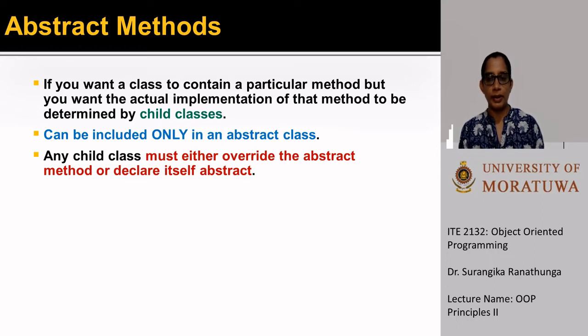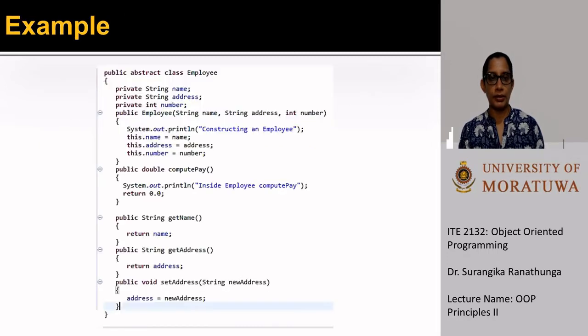Similarly, if a child class extends an abstract class that has abstract methods, then the child class must implement the abstract methods or declare itself as an abstract class.